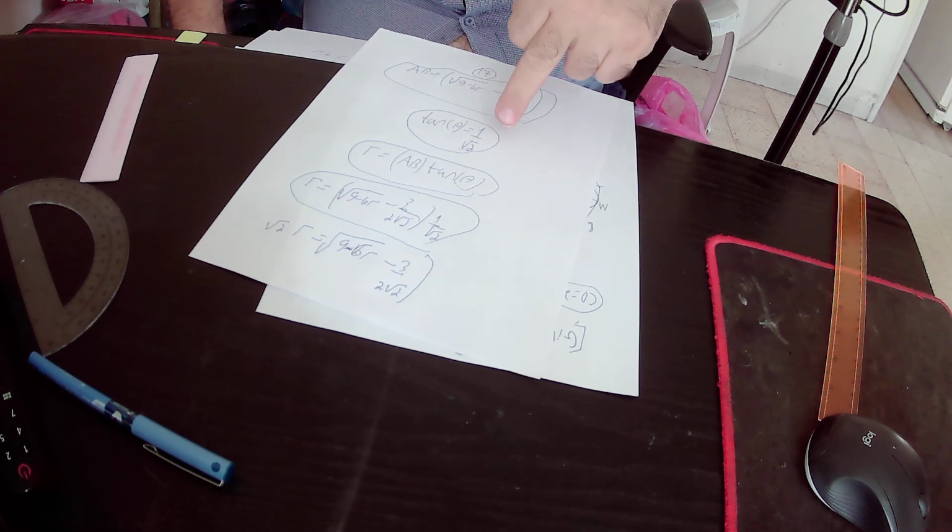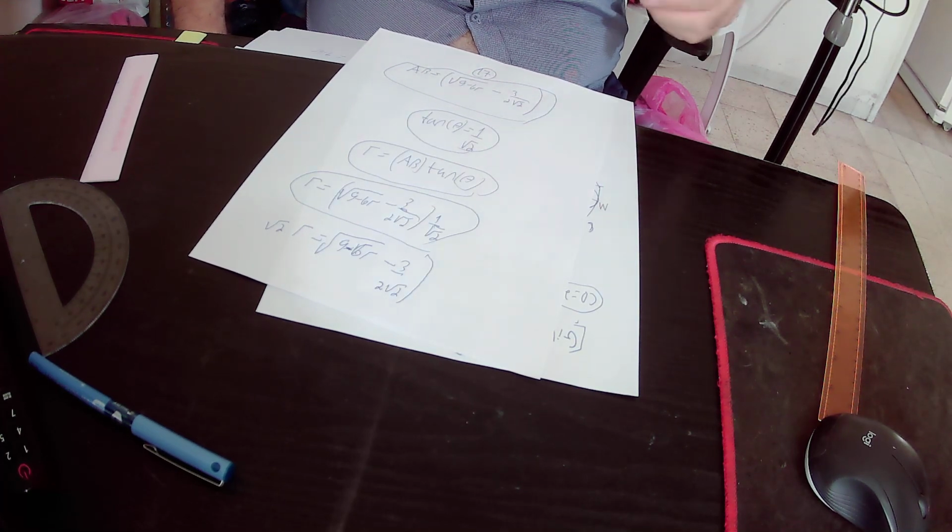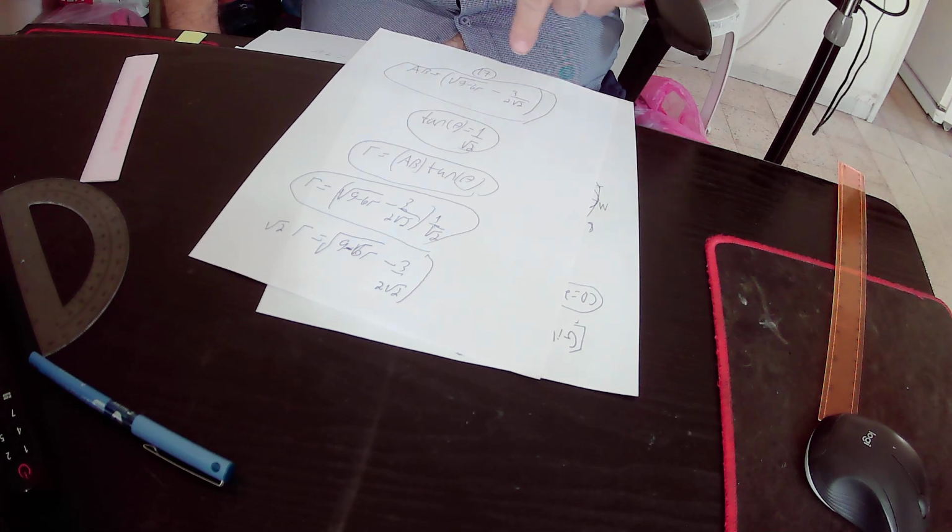Tangent theta equals 1 over root 2, and we know that the radius of the small circle equals AB times tangent theta. We found the value of AB and the value of tangent theta, so the only thing left is to substitute AB by this expression and tangent theta by 1 over root 2.